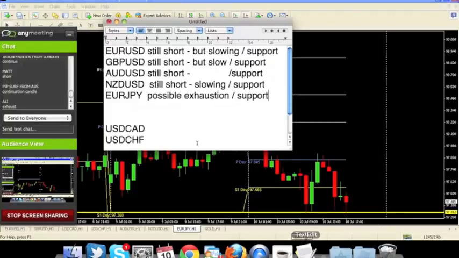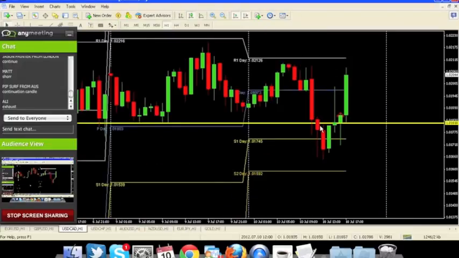Okay, going to our pairs that go opposite. US dollar CAD. US dollar CAD strongly long. Is there resistance here? Are we at resistance on US dollar CAD anywhere? No. Take a look. No pivot lines at the current market that we were at.